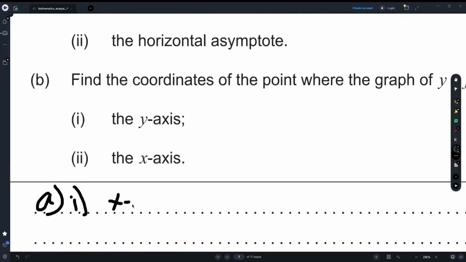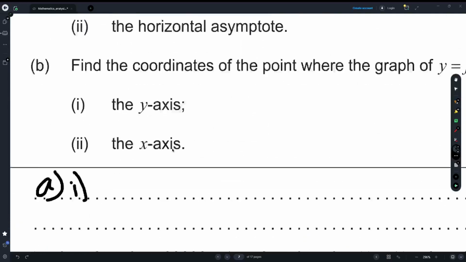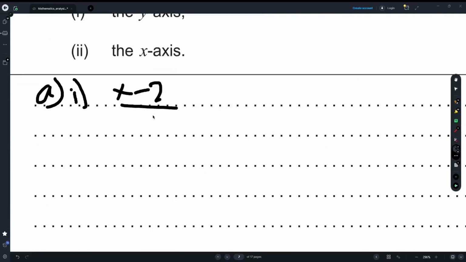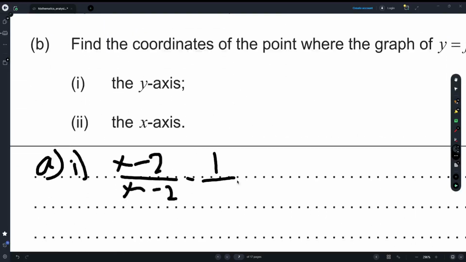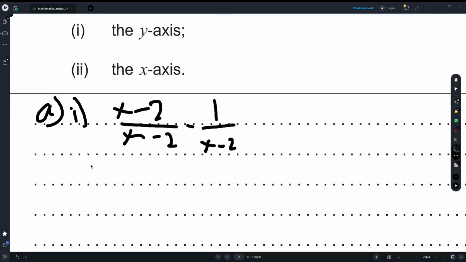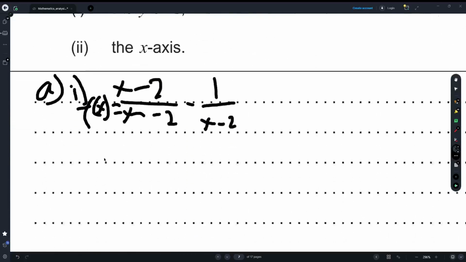So we can rewrite this 1 as x minus 2 over x minus 2. So we just get x minus 2 over x minus 2 minus 1 over x minus 2, and this was f of x. Apologies for this mess.